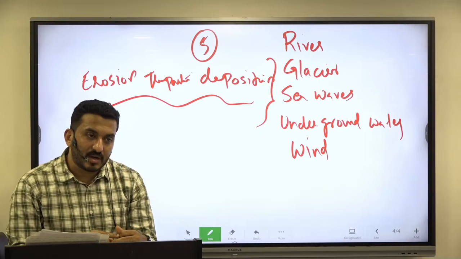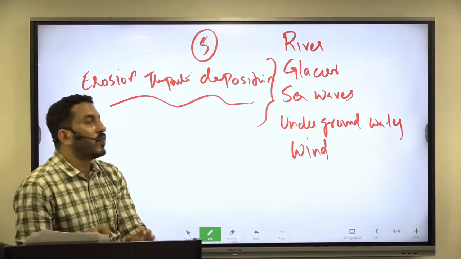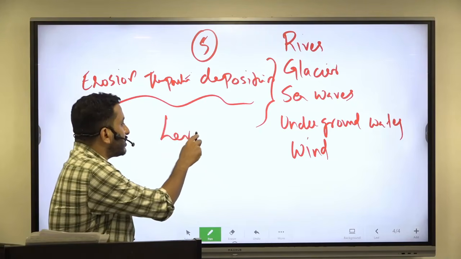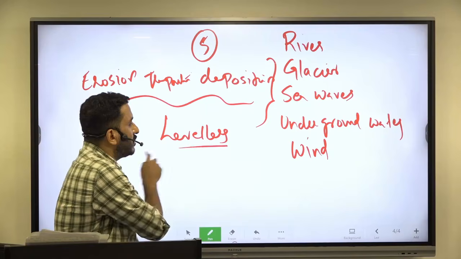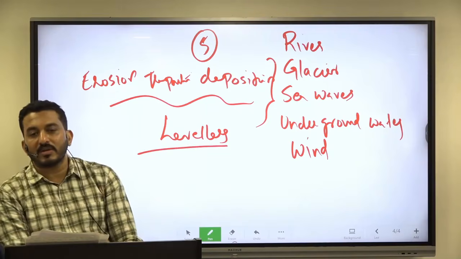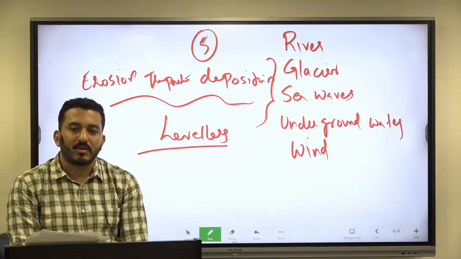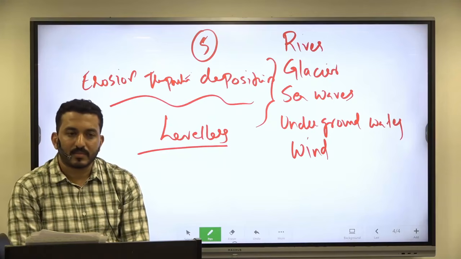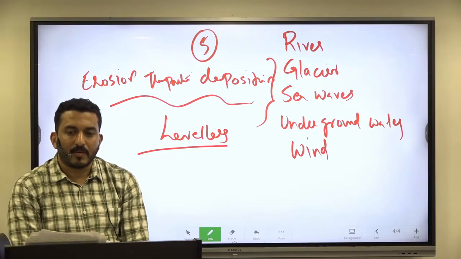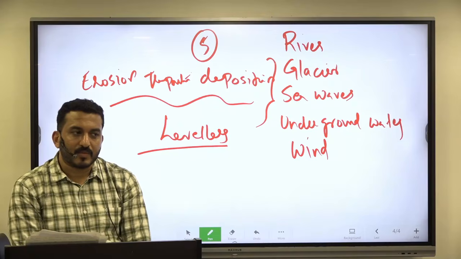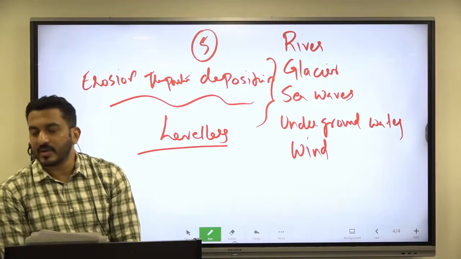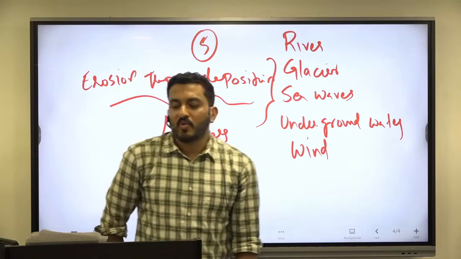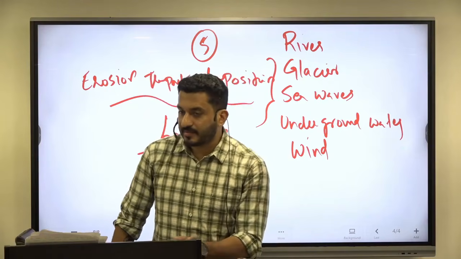That is the reason exogenic agents are called levelers. Endogenic agents are called variability developers.